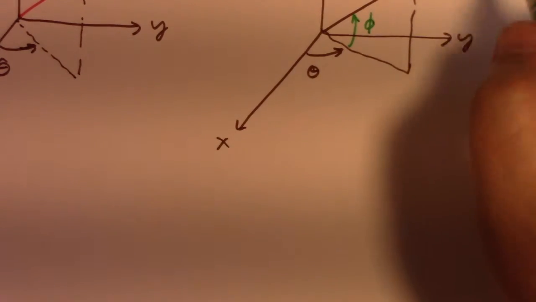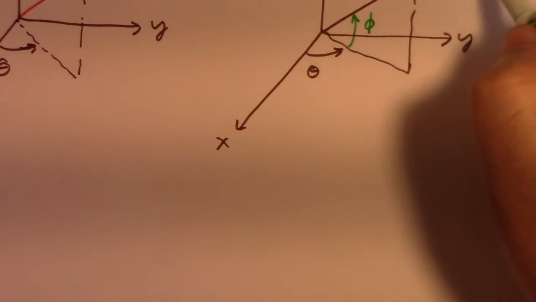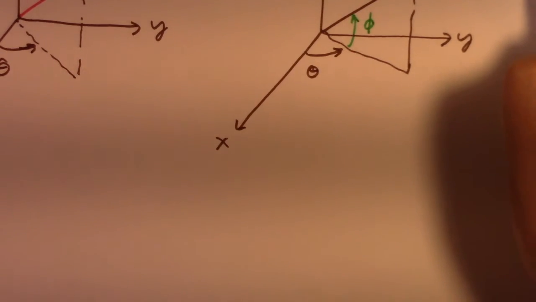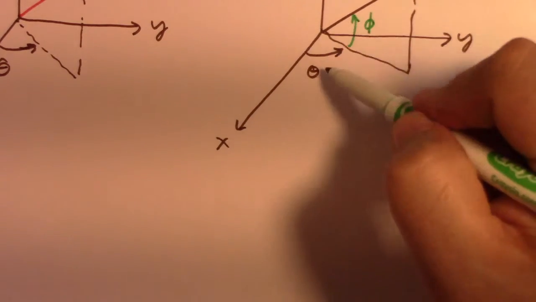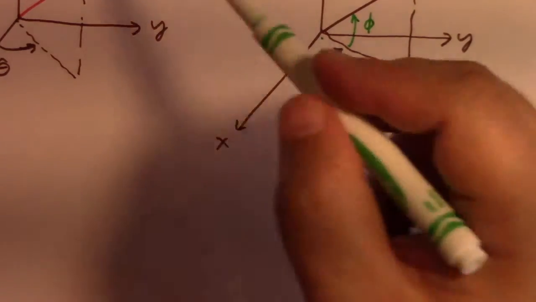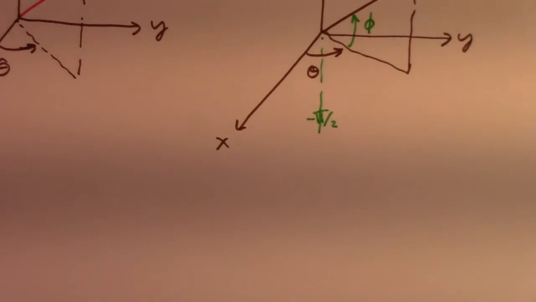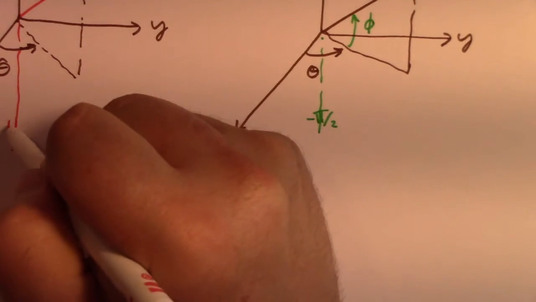So his phi goes from minus pi over 2 to pi over 2. So pi over 2 is like here, and then the negative z would be at minus pi over 2. Our phi usually sweeps from 0 up here to pi down here.